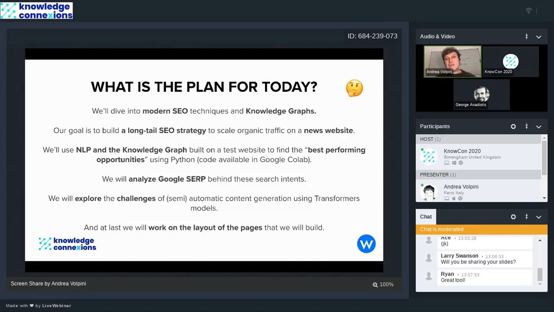In our case, we will look at a news website, but a similar approach would apply to e-commerce and could apply to other types of sites. And we will use natural language processing and the knowledge graph that we will build together on a test website in order to find the best opportunities.